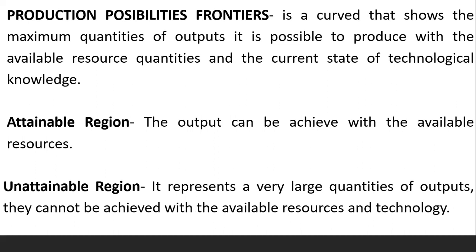First is the attainable, and second is the unattainable. The attainable region means that the output can be achieved with the available resources that we have. The unattainable region represents very large quantities of output that cannot be achieved with the available resources and technology.